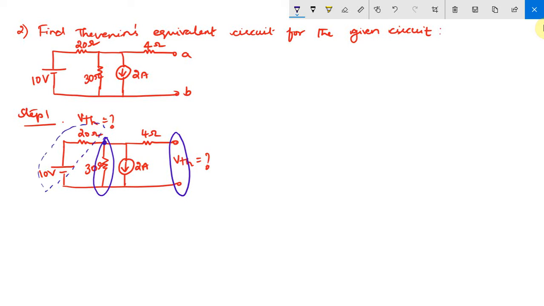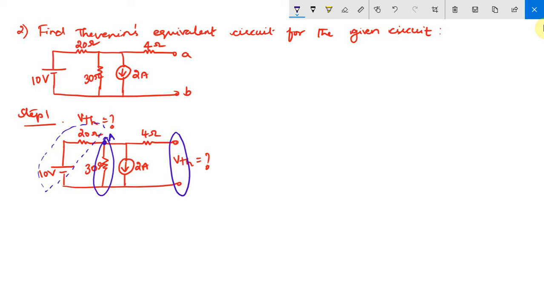I am going to convert this voltage source with series resistance into a current source with parallel resistance in order to apply KCL at this node. Let me take this node to be node A. In order to apply KCL at node A, I need current sources. So I am going for source transformation, in which the 10 volt with series resistance of 20 ohm will be converted into a current source with parallel resistance.